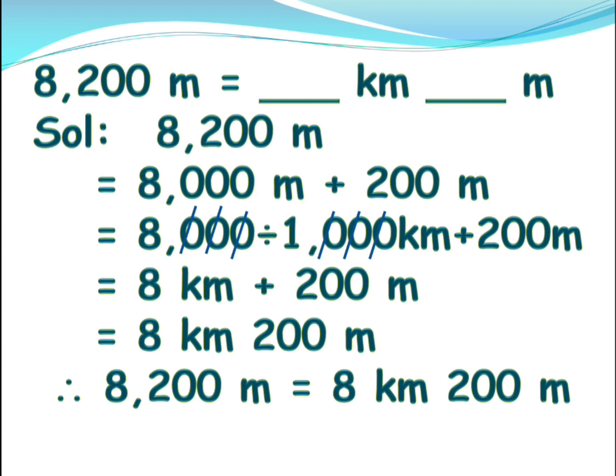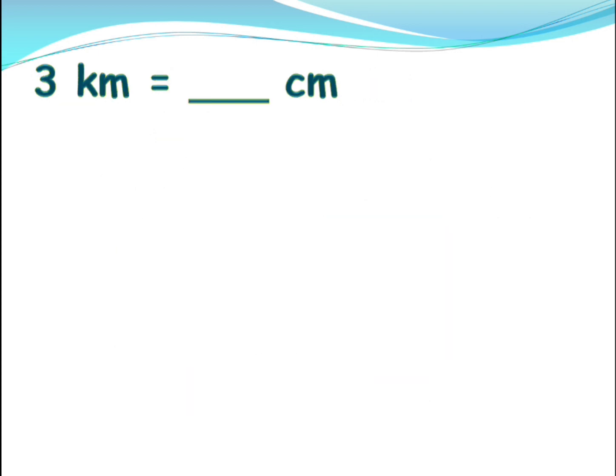Okay, children. Now, we have learned how to convert centimeters to meters and meters to centimeters. And also we have learned how to convert kilometers to meters and meters to kilometers. Yes. Now, the next question is, they have given in the kilometers, you have to convert into centimeters. Okay. So, we don't know how to do this, isn't it, children?